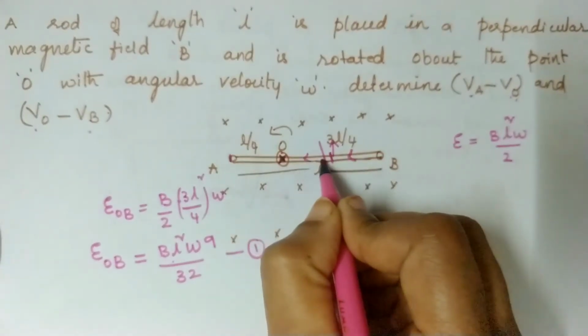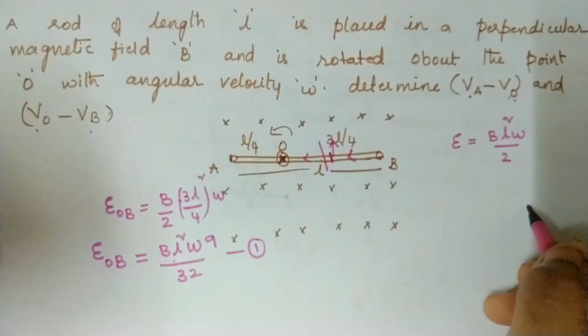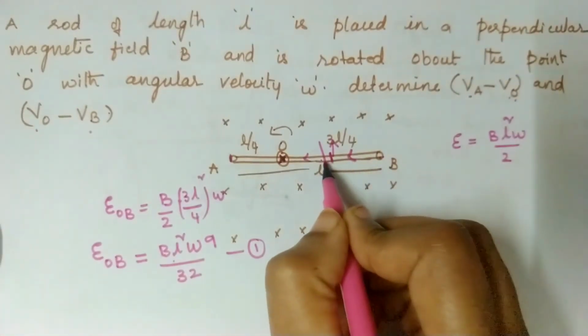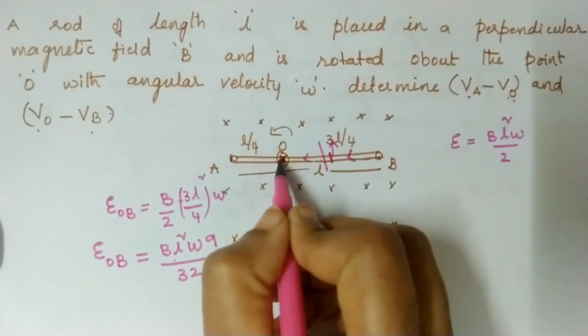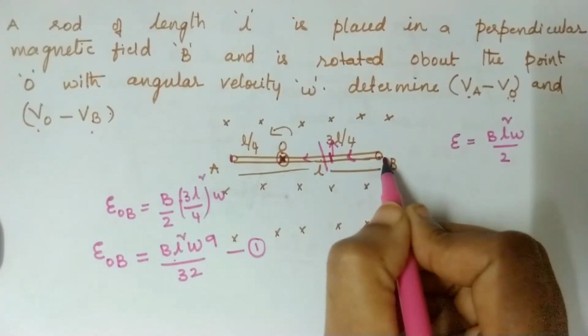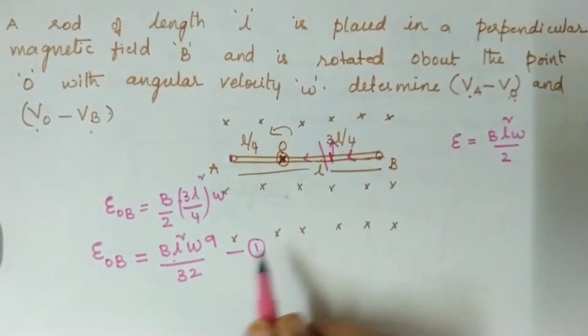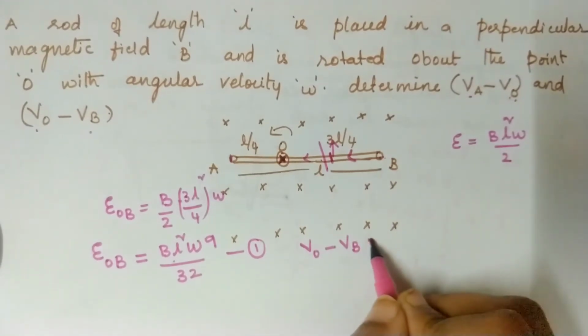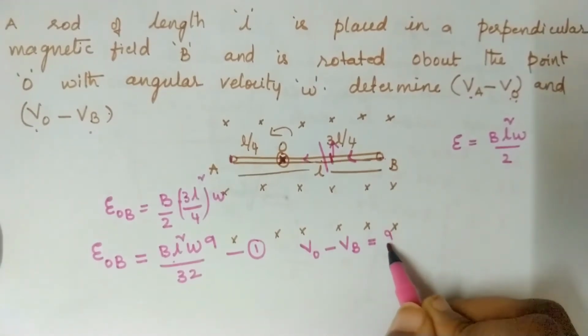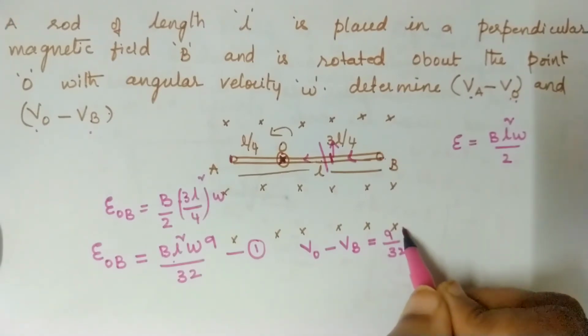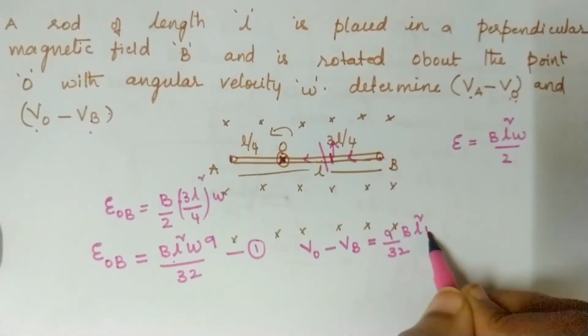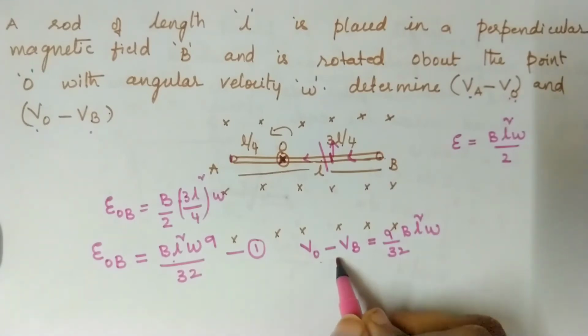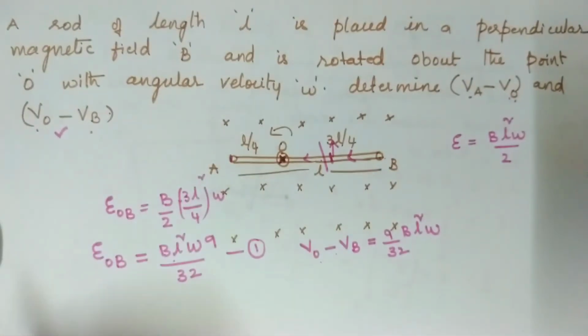O is positive, B will have a negative terminal. And once you get this, we know O is at high potential, B is at low potential. So VO minus VB should be equal to 9 by 32 times BL square omega. So we have got the VO minus VB value.